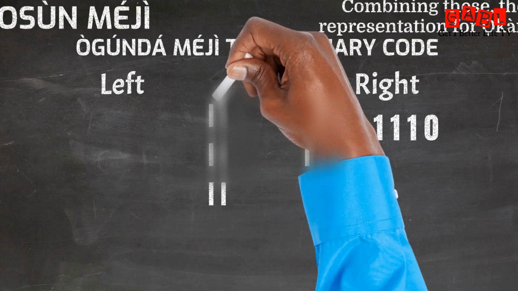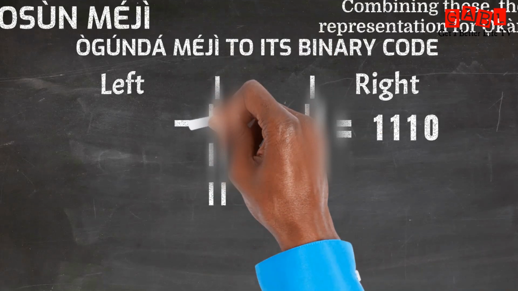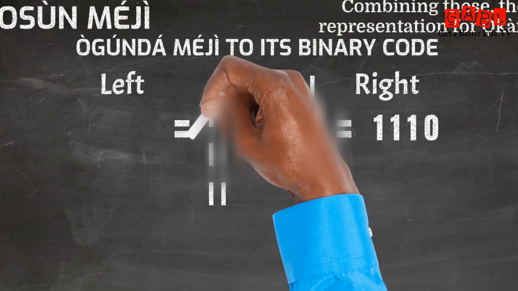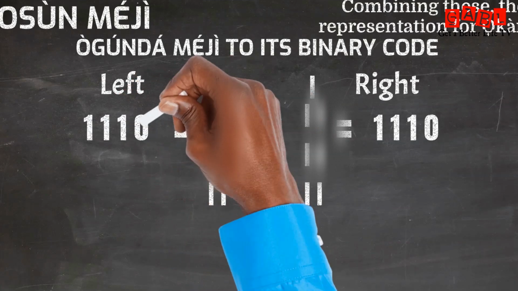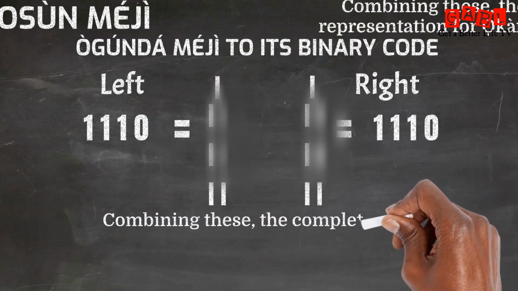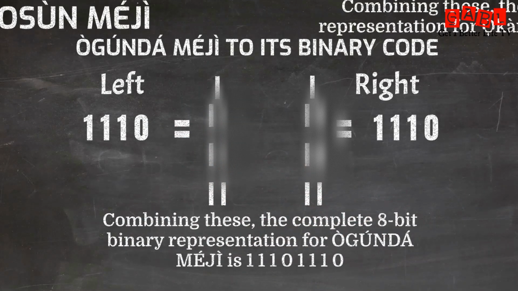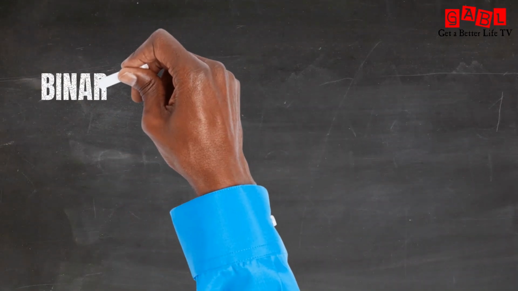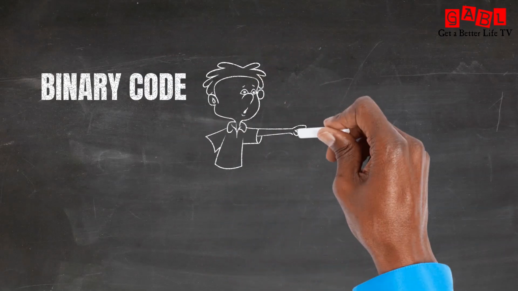This translates to 1, 1, 1, 0. Combining this, the 8-bit binary representation for Ogunda Meji is 1, 1, 1, 0, 1, 1, 1, 0. Now, converting this binary code to its decimal equivalent, we have this.